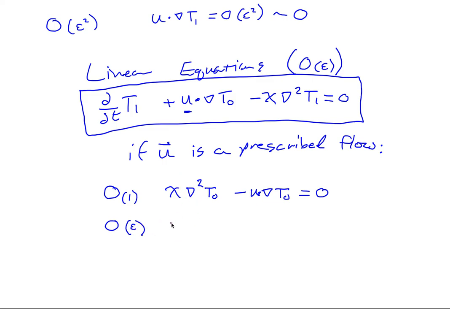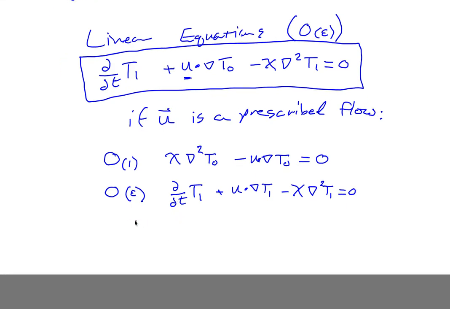And that order epsilon perturbation system is a little different now. It's d by dt of t1, so that remains the same. But now we have a u dot grad t1, because u is now some order 1 quantity potentially, and then minus the diffusion chi del squared t1 equals 0.